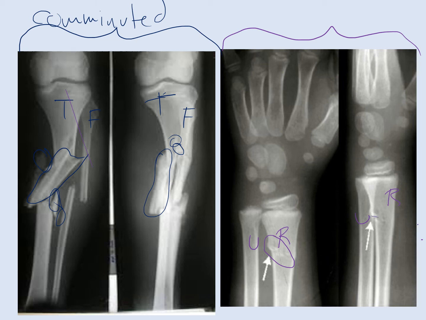We go to about here, and then the rest of the bone looks good. It's not broken. So this would be our greenstick fracture. We broke half of the bone, but not the whole thing. And then take a look at our patient's wrist up here. Take a look at this thing. What do we know about our patient? The age of our patient. They're pretty young, probably, I don't know, 5, 6, 7 years old.